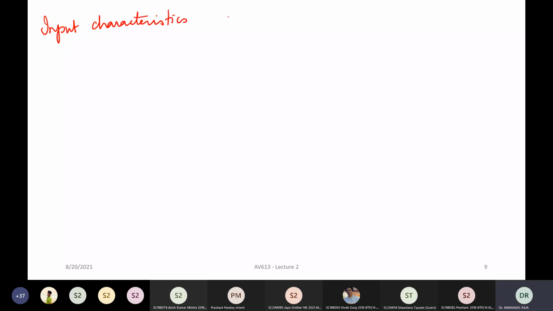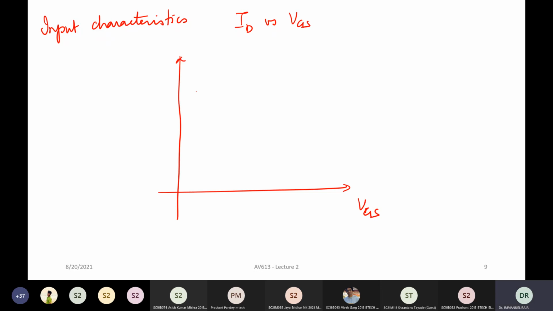Input characteristics are plotted as ID versus VGS. So your x-axis is going to be VGS and your y-axis is going to be ID. This can be plotted for different values of VDS.